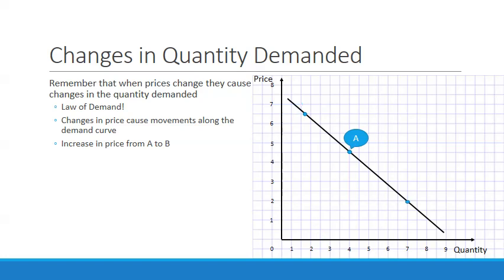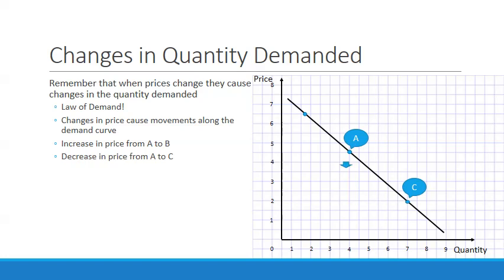If we take that out and throw in a decrease and look at price C, what happens when price goes from A to C? Notice we're talking about a change in price. When the change in price occurs, it's a cause and effect relationship: a change in price causes quantity demanded to change.